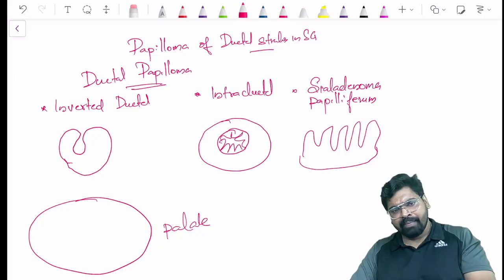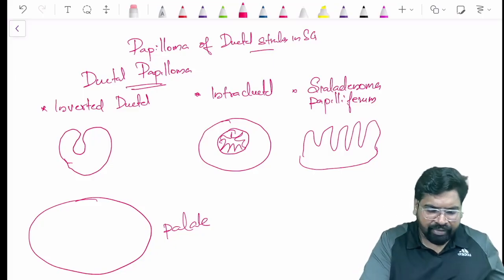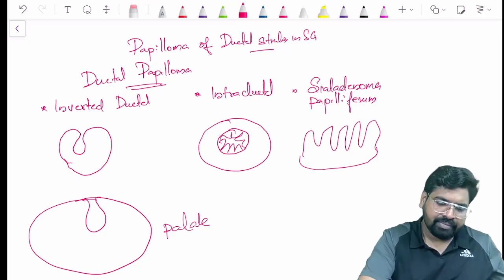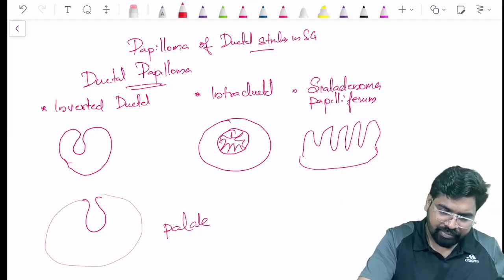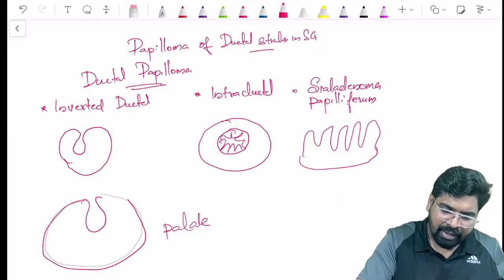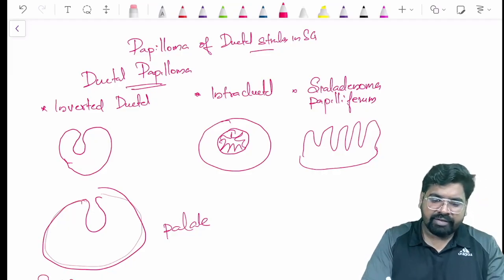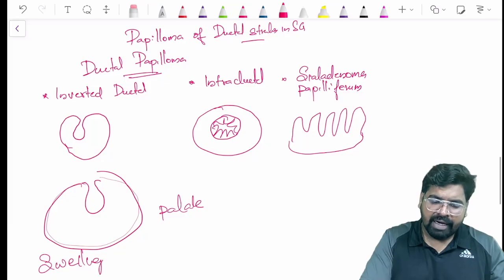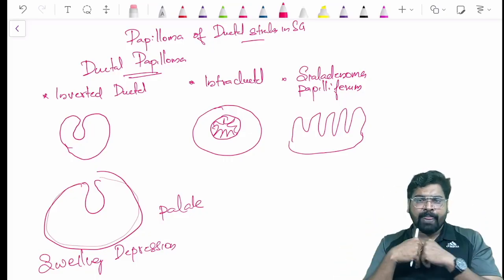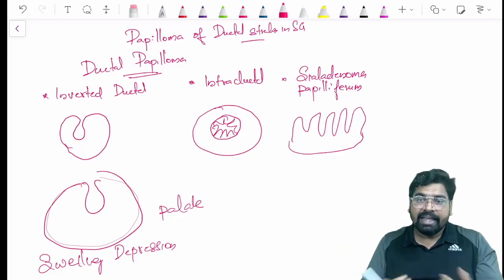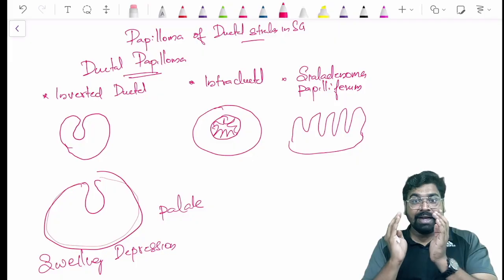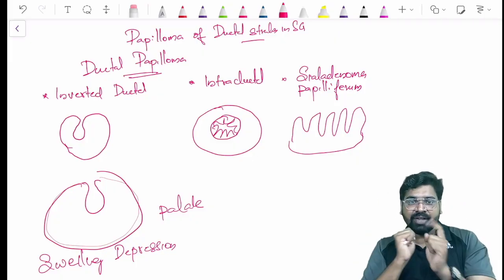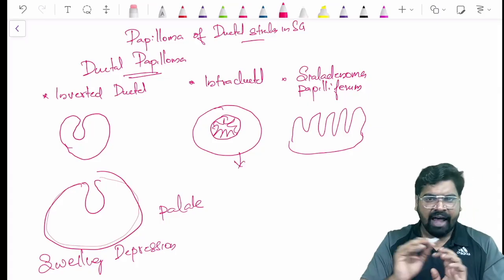You see that there is a swelling on the palate with a depression in the center. That is inverted ductal papilloma. So clinically, inverted ductal papilloma presents as a swelling with a surface depression. Got it? Intraductal papilloma doesn't have any surface depression.